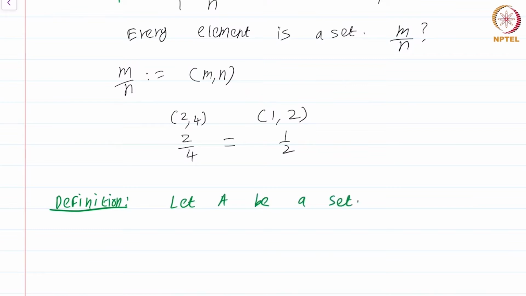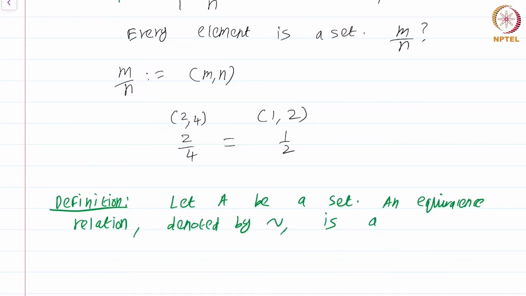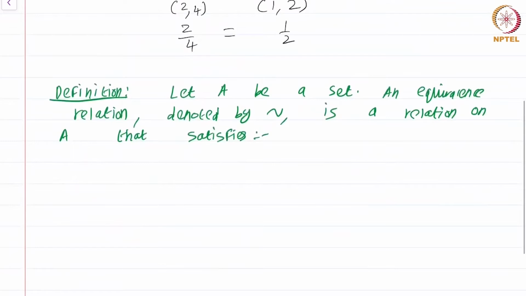An equivalence relation, which we will usually denote by this tilde, is a relation on A that satisfies the following three properties.